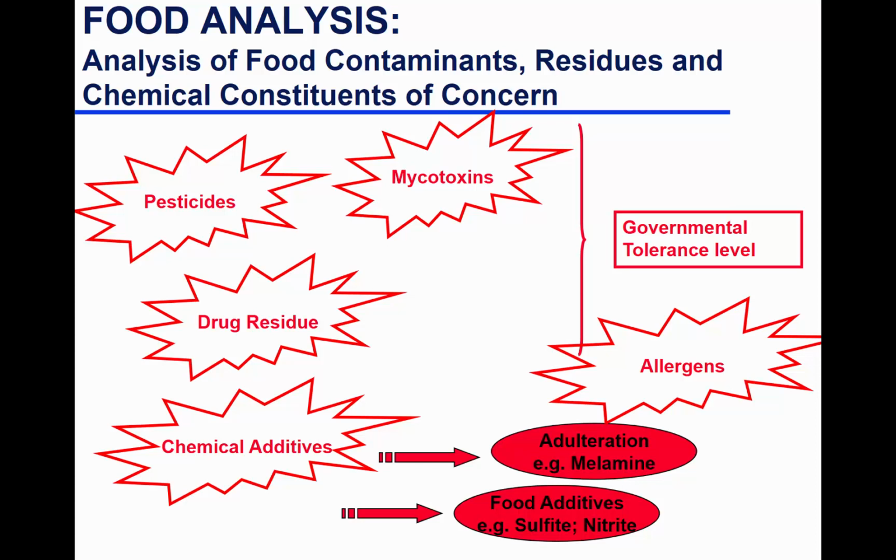Same with drug residues. For allergens, there are regulations in terms of labeling. A lot of recalls happened because allergens were not properly labeled on the package. And then chemical additives, mostly those that are generated during processing, added as adulteration, or added as a food additive during processing, like sulfite or nitrite for meat production.